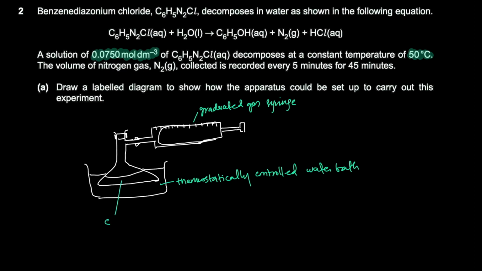We have the contents of the flask, that's C6H5N2Cl plus H2O, liquid. And we have a stand to suspend the flask. And then this is a sidearm flask, and this is a rubber bung, so you don't have to label that here.